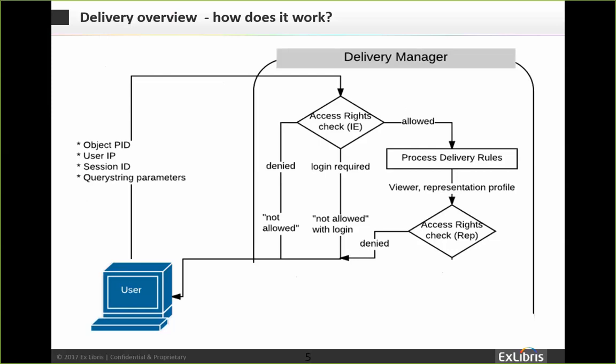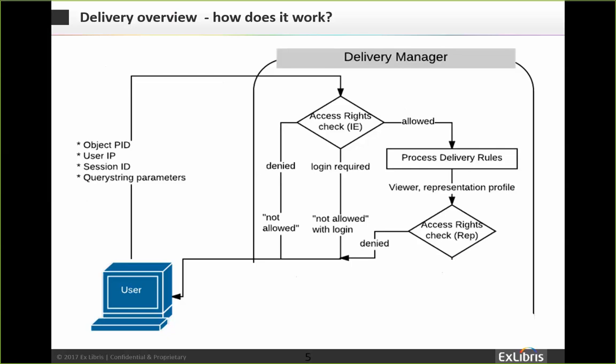This rule can be, again, according to the IE's type, which user it is, if it's a staff user, or other things, and we'll see it inside the UI later on. This rule will decide which viewer to use and which representation profile to use. The representation profile part will decide which representations out of this IE will be viewed by this delivery.